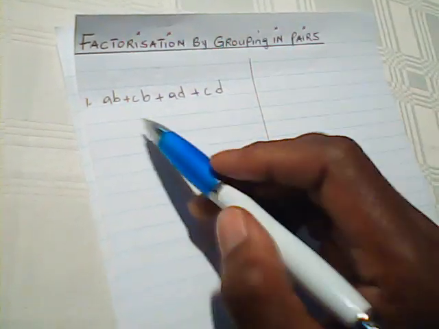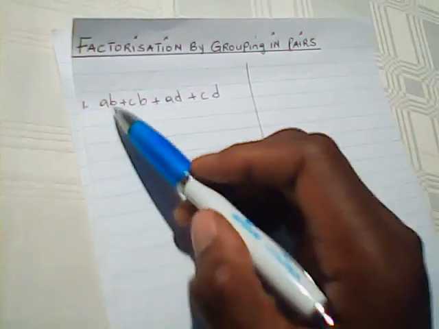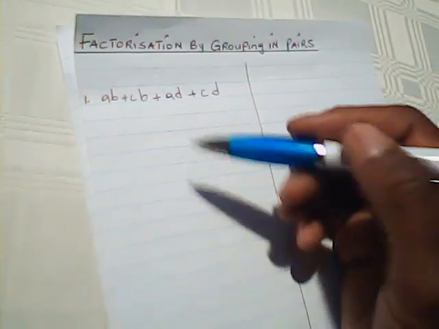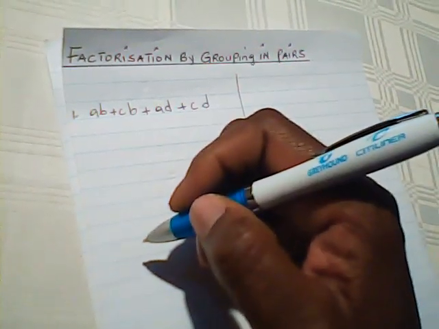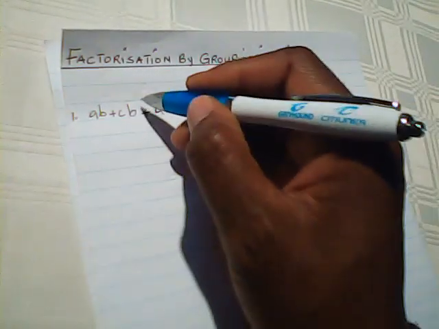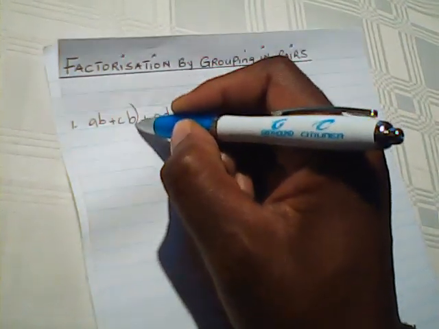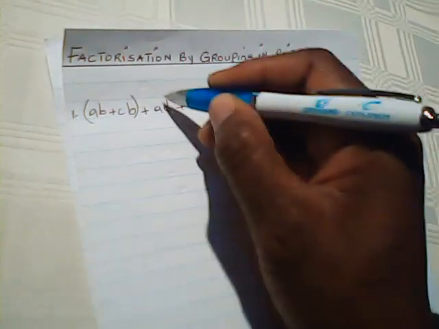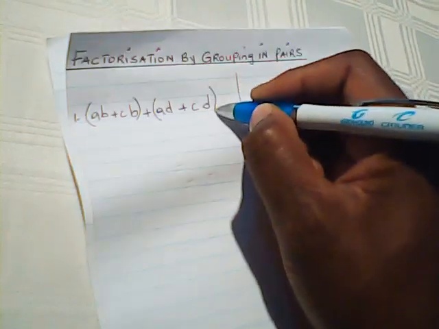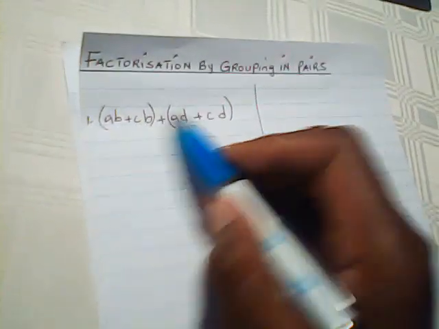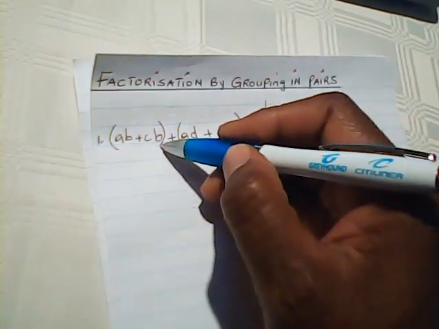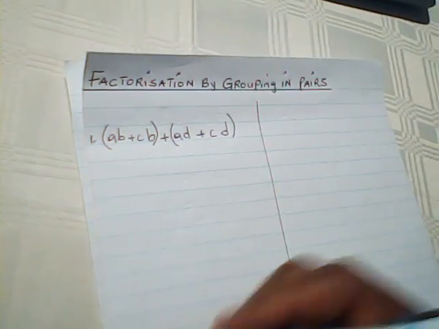You can see that we have 4 terms here, 1, 2, 3, 4, which is also known as a polynomial. So all you need to do is separate them by adding brackets. So you've got 2 groups now.